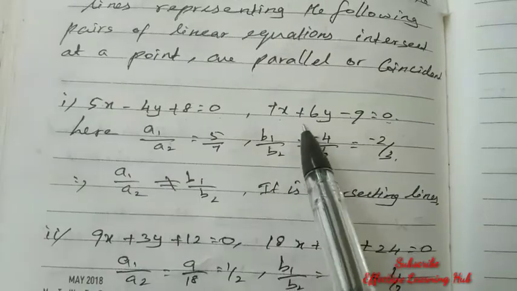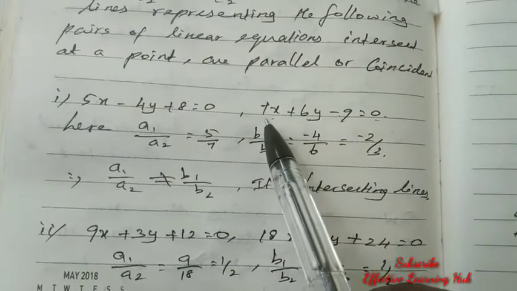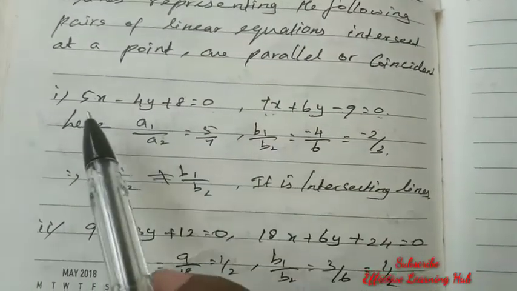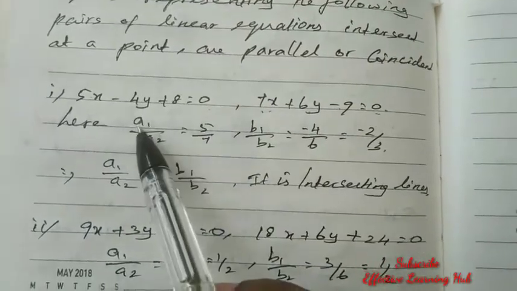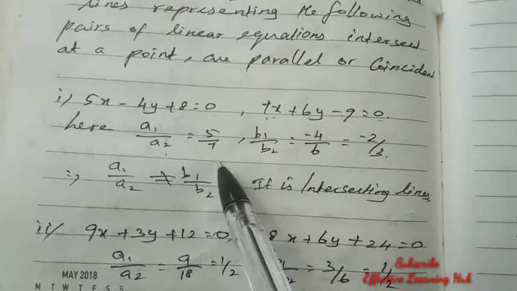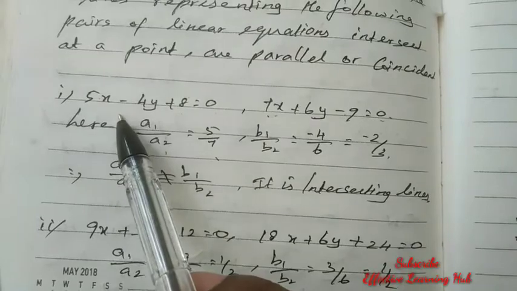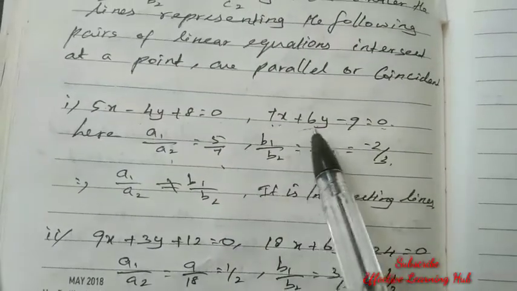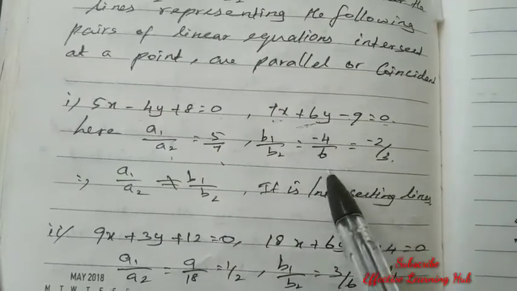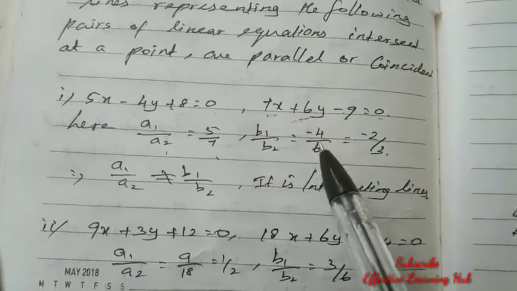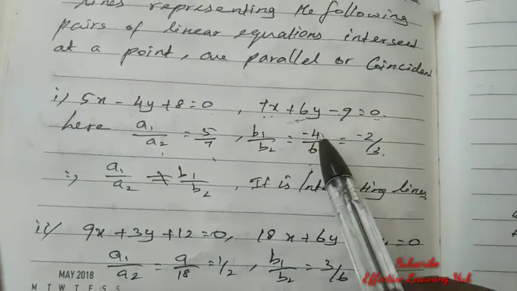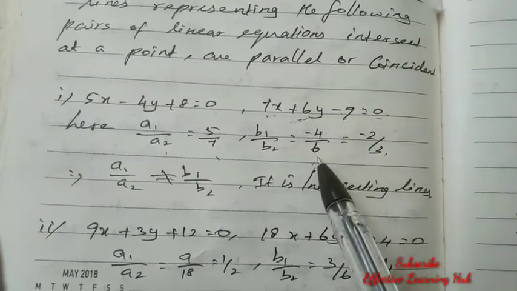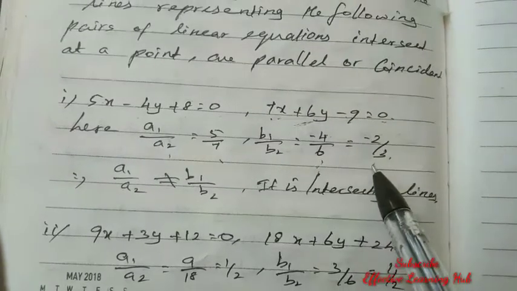A1 value 5, A2 value 7, so the coefficients of x are 5 and 7. A1 by A2 means 5 by 7. B1 by B2: B1 value minus 4, B2 value 6, so minus 4 divided by 6. Now cut by the 2 table: 2 2s are 4 and 3 2s are 6. So minus 2 by 3.